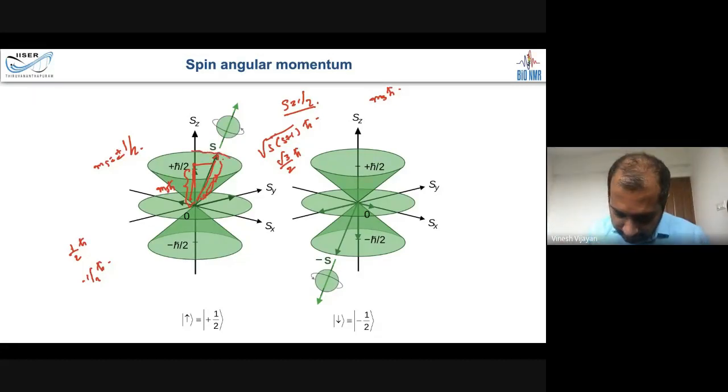Now you see this cone here, right? Why is it represented as a cone? Because we cannot simultaneously determine Sx, Sy and Sz. We only know what your Sz is.